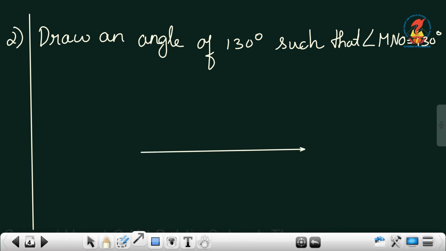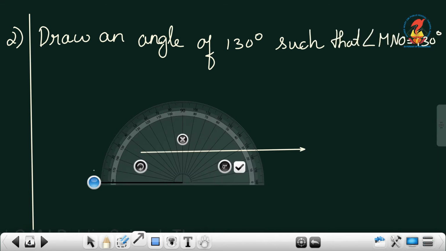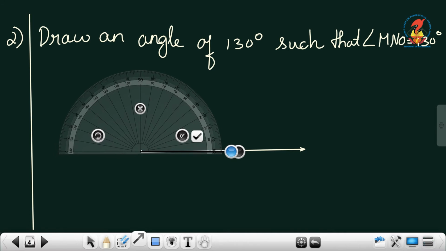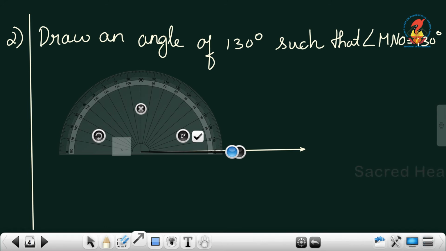This is the vertex. So, I am taking the protractor. I have kept it over here. See, my line is not straight, that is why it's not coming on top of that. So that midpoint of the protractor, you keep it on top of the vertex.